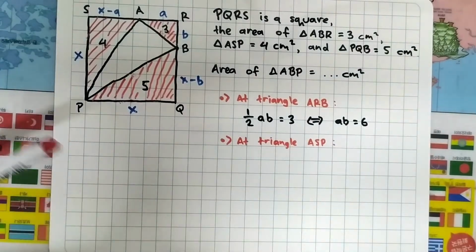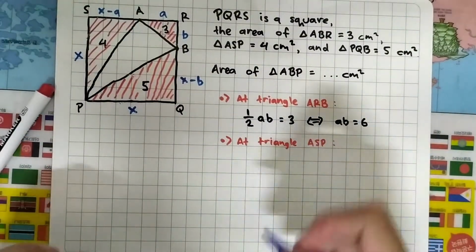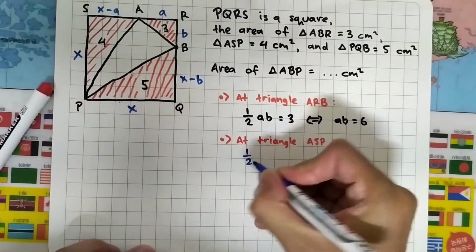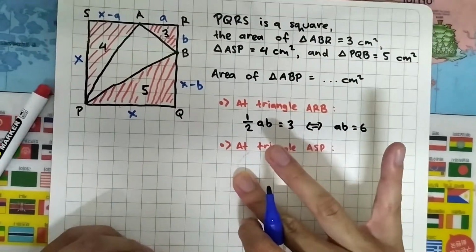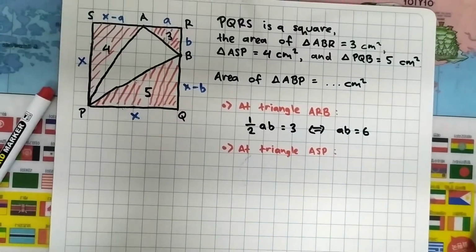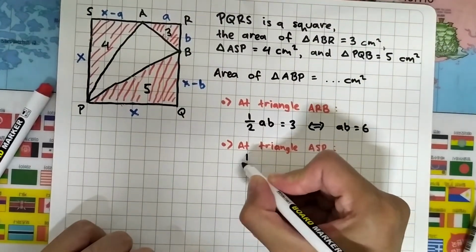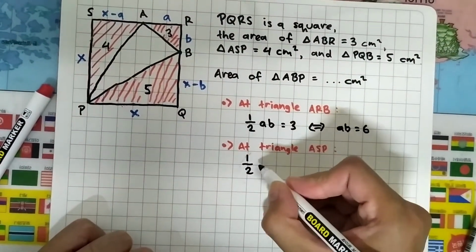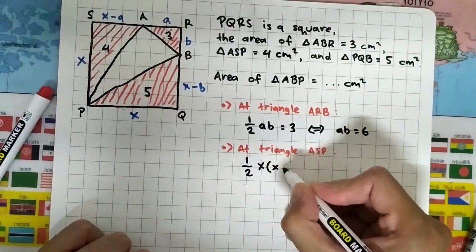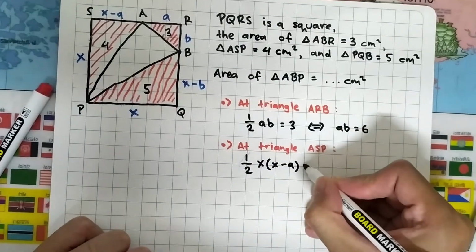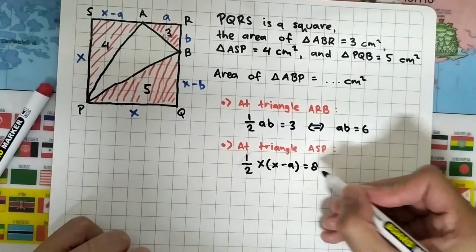We have the area is 4, so one half times x times x minus A is equal to 8.